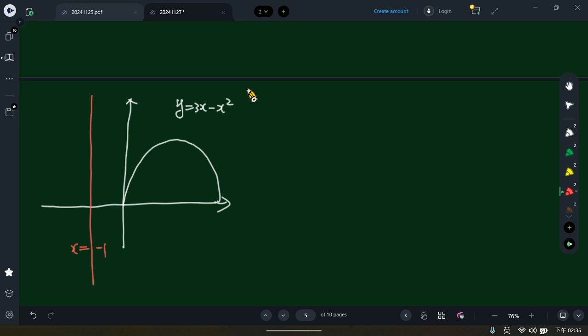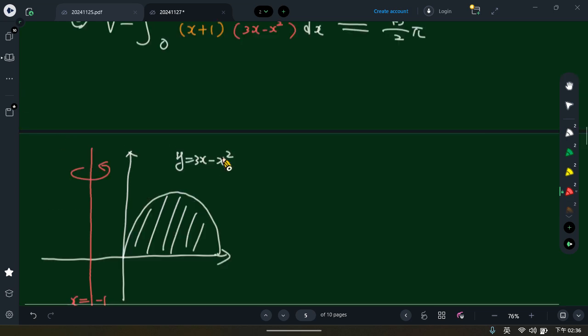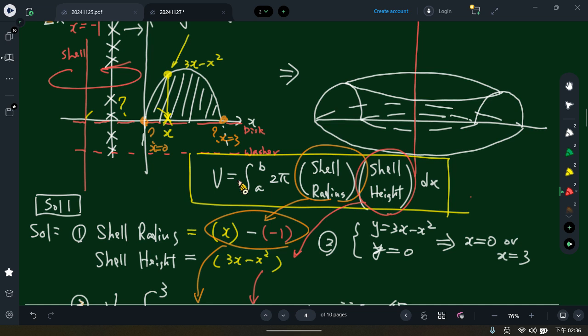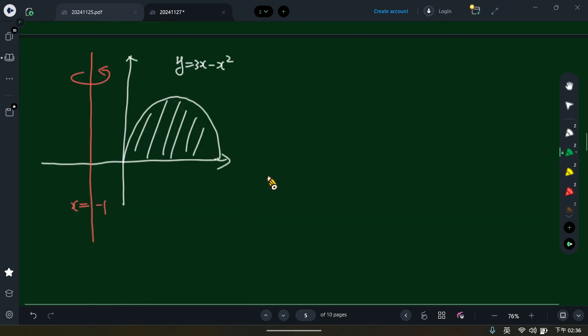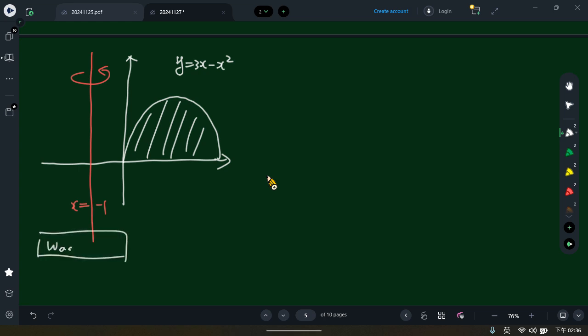So we still use this, and the rotation axis is here. But here we just use the shell method. So can we just use this method?